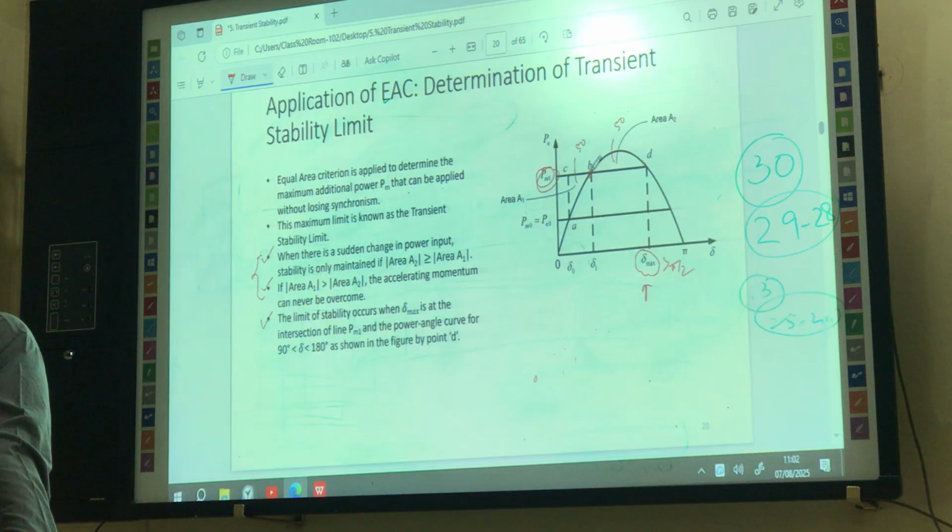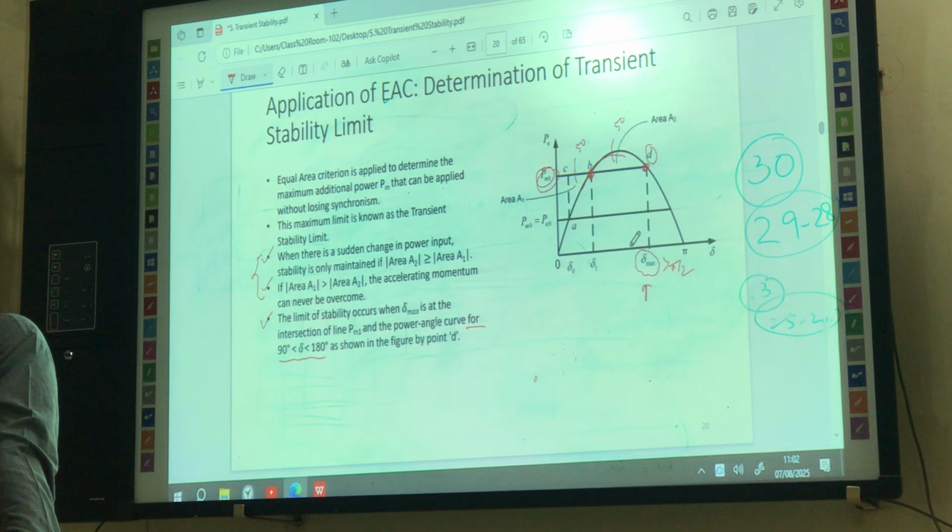So there are 2 intersections, P and D. Which one will you take? For 90 to 180 as shown in the figure. That means our delta max will be the intersection of PM1 and this curve, and there are 2 intersections, but we will take the point which lies between 90 degree and 180 degree. That means this point T. That will be our maximum limit.